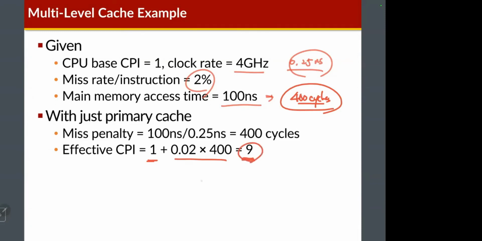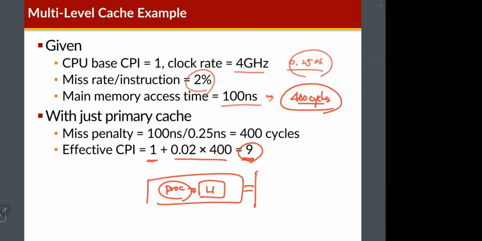This is the processor, and this processor has only an L1 cache, and the DRAM is connected to this processor. This is the configuration of the single-level cache.